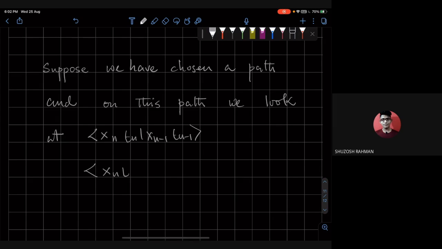Because we are not doing the sum anymore, because we have chosen a particular path, what we have to do here is that we can write e to the power i by h bar S n minus 1, but here we need a normalization factor for dimensional reasons, okay?